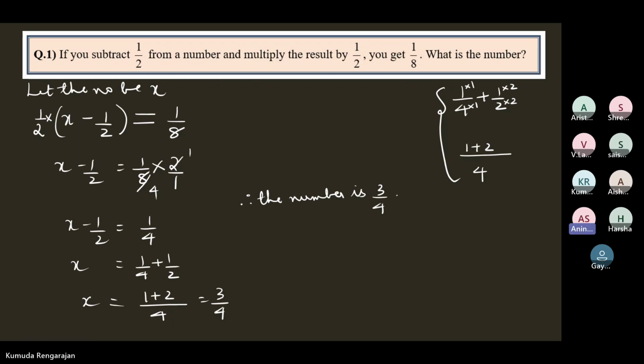Ma'am, I did the way like I multiplied 1 by half into x like that, and I got still the same answer. Yeah, very good. Yes, children, you shouldn't be taking this long. Finish writing? Yeah, ma'am, finished writing. Last line, ma'am. Please wait.